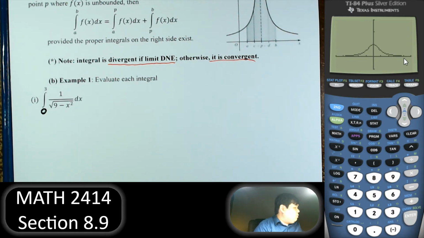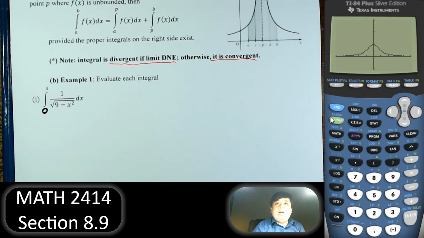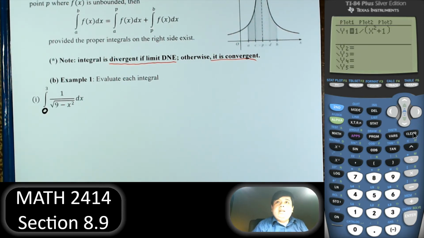Right. So what happened when we have that? So what's wrong with this? Let's graph the function 1 over the square root of 9 minus x squared, right?